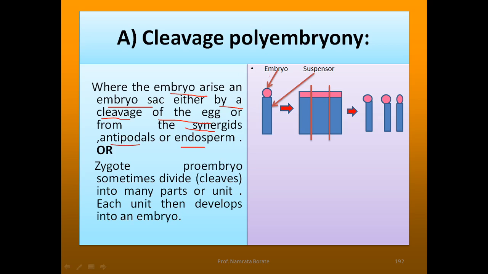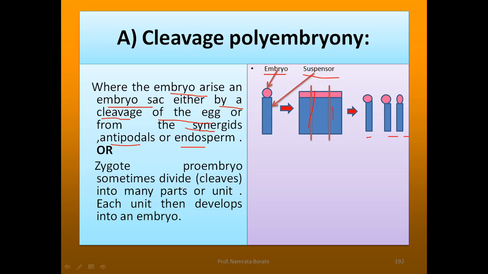So you can see here there is the presence of an embryo and a suspensor. This embryo and suspensor form the lateral division. It elongates laterally and there is a lateral division, that's a cleavage lengthwise, and the formation of the new embryos. All these are the new embryos.